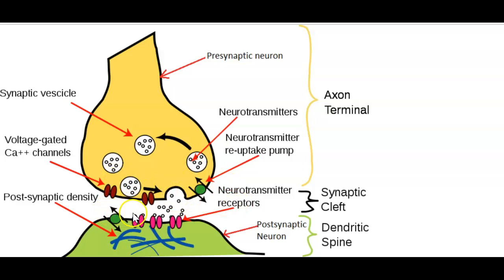The neurotransmitters bind to the postsynaptic neuron, causing another action potential here in the dendrite of the next neuron. So action potential causes a release of neurotransmitter from the vesicles that go across the cleft and bind to the postsynaptic neuron or the dendrite of the next neuron.